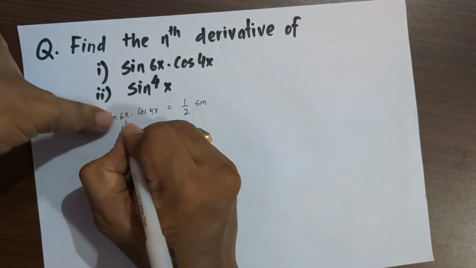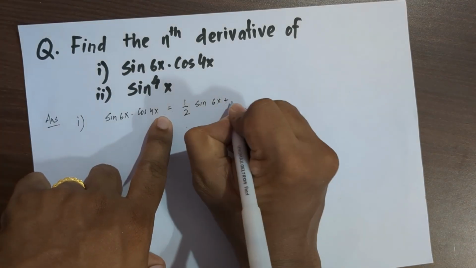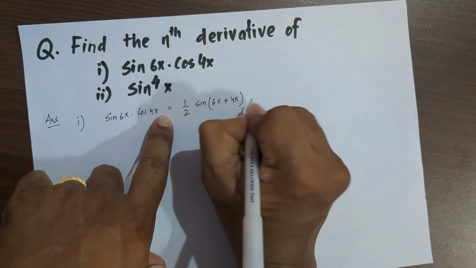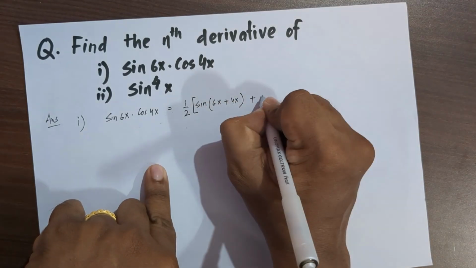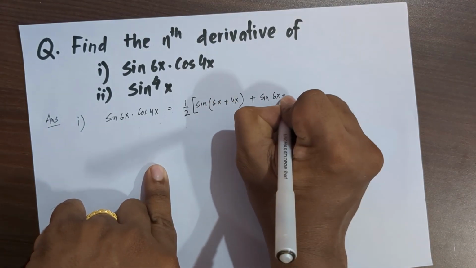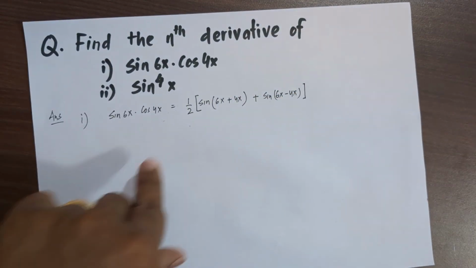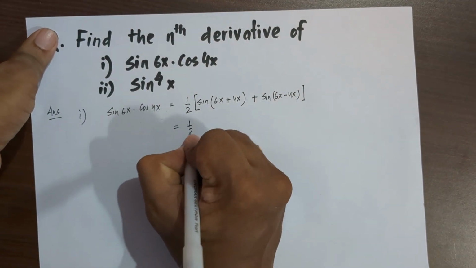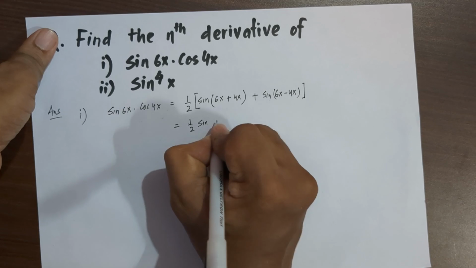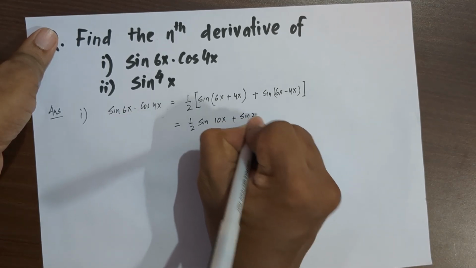Sine of a is 6x plus 4x, and this is plus sine of 6x minus 4x, and this is half sine of 10x plus sine of 2x.